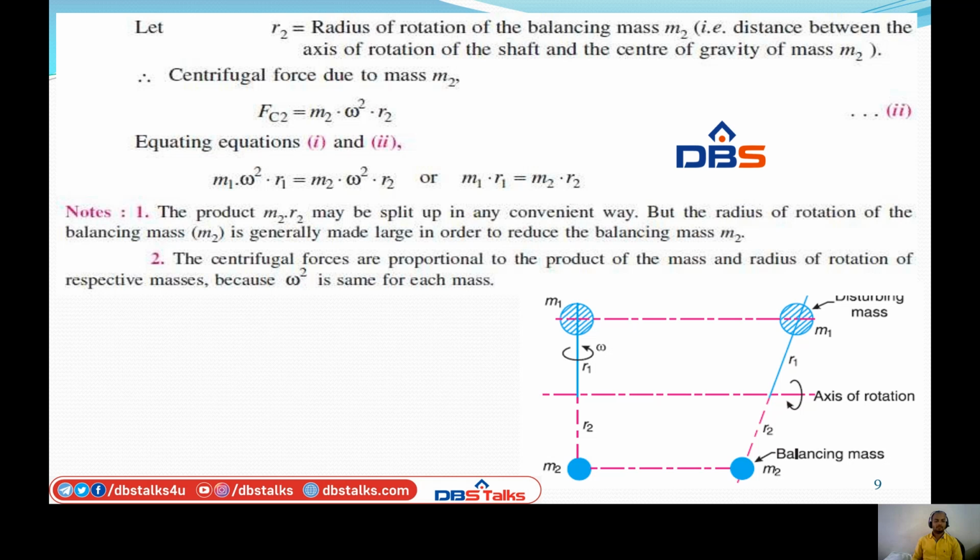Note that the product m2 r2 may be split up in a convenient way, but the radius of rotation of the balancing mass m2 is generally made large in order to reduce the balancing mass m2. The centrifugal forces are proportional to the product of mass and radius of rotation of the respective masses because omega square is the same for each mass.